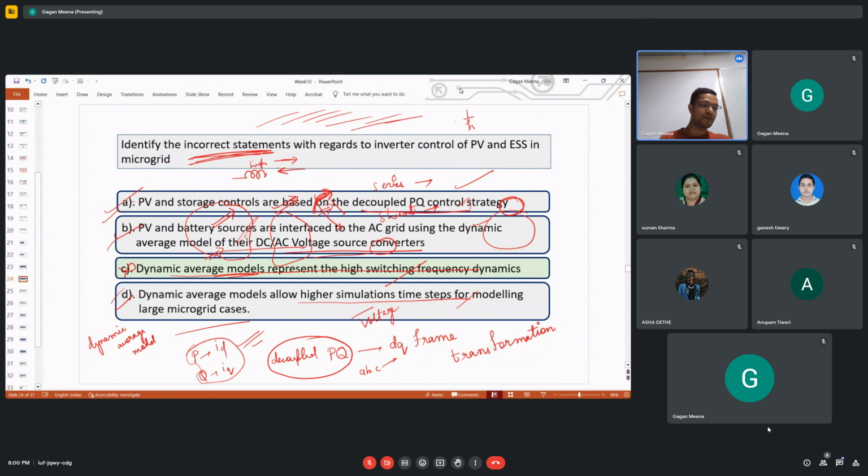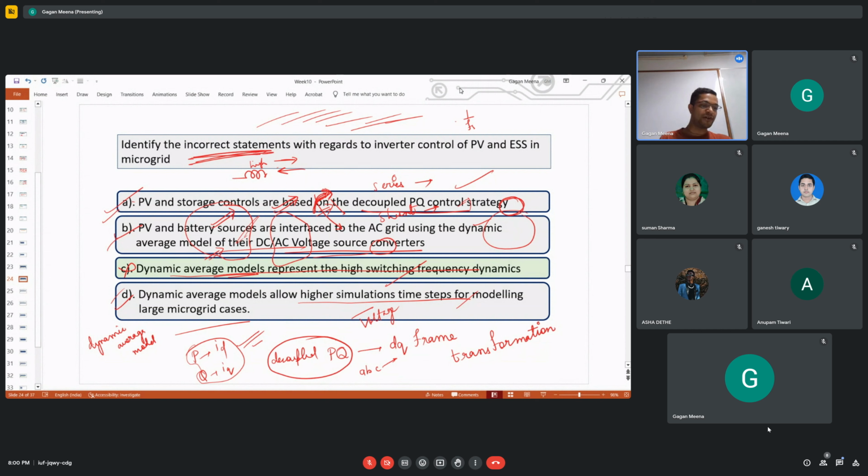Normally excited synchronous generator, 0.8 power factor. All of the above is not correct. Check this option carefully, the C option. There are three conditions: under-excited, over-excited, and normally excited.